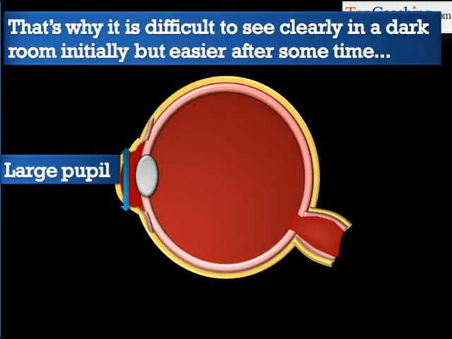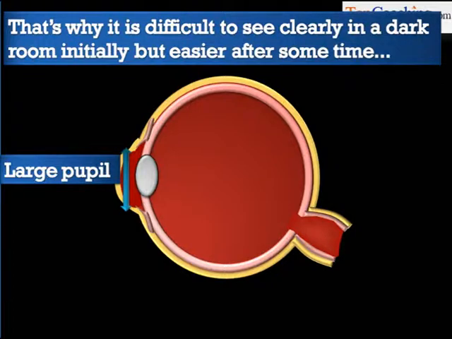That is the reason it is difficult to see clearly in a dark room initially, but easier after some time. You see, when you enter a dark room, initially you can't see anything. But after some time, slowly you can start seeing some things, the outlines of a table or the outlines of your computer. That is because initially when you enter the dark room, the pupil is small, isn't it?